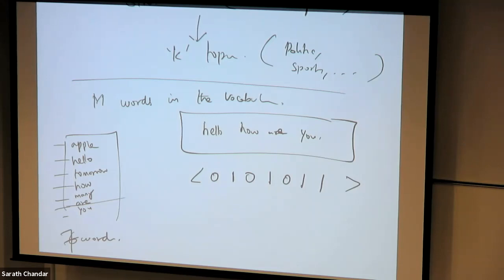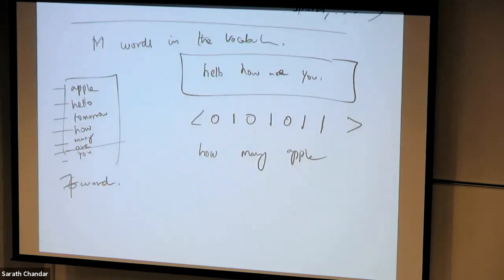Now you can do k-nearest neighbor or a linear regression model or naive Bayes, whatever you want to do with this. Now, similarly, let's take another document, which is how many apple. It's a very silly document. Now, how would that vector look like?